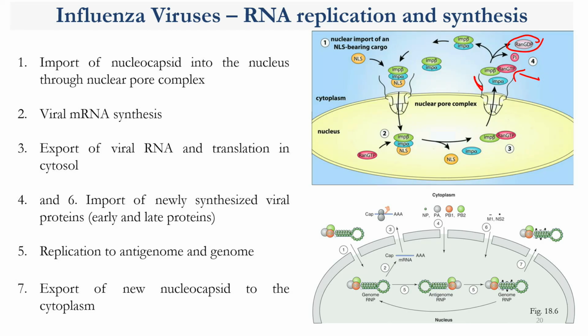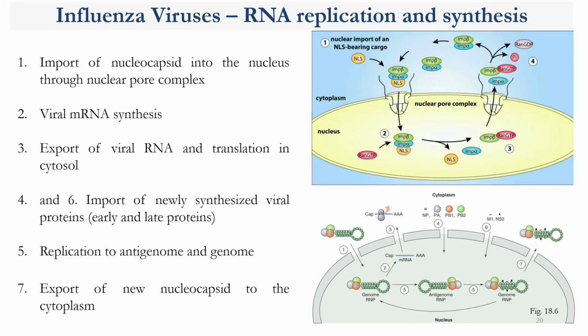Importin alpha and beta will complex again, and then they're free to go bind another cargo molecule. So that cargo has to have a nuclear localization signal. Okay? So that's the basic import and export of these proteins from the nucleus.